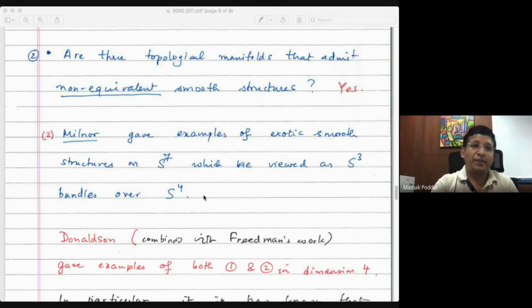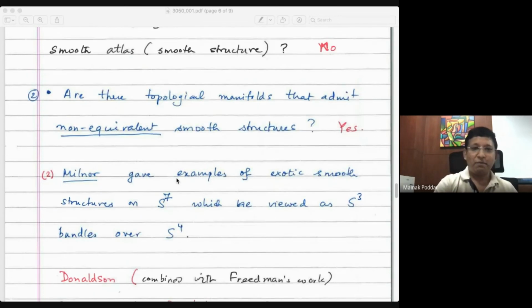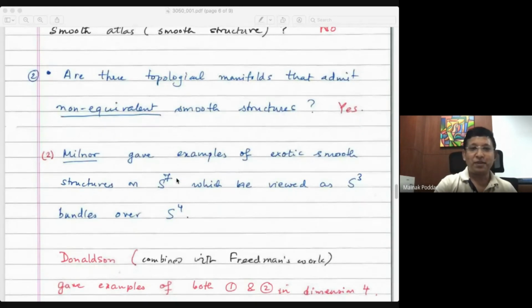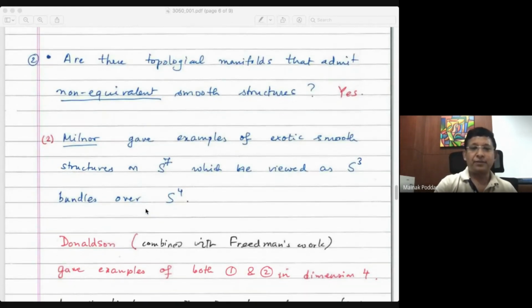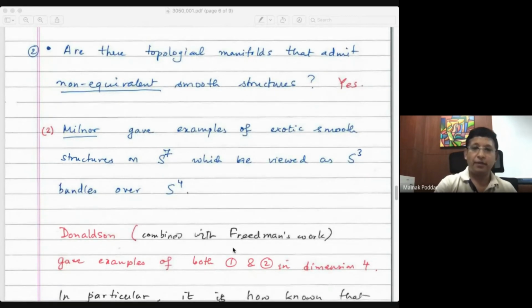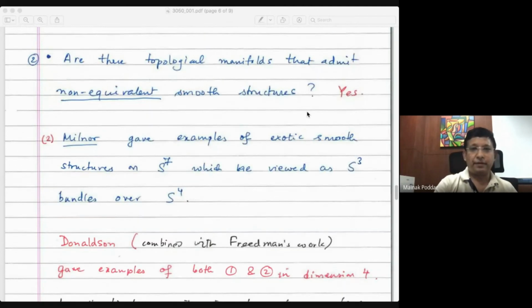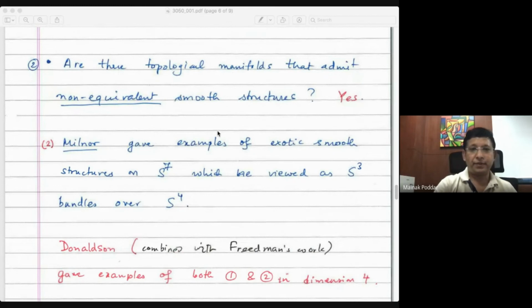And of course it's also a very interesting story. But now Donaldson's work combined with some earlier work of Freedman has produced examples of both these things.